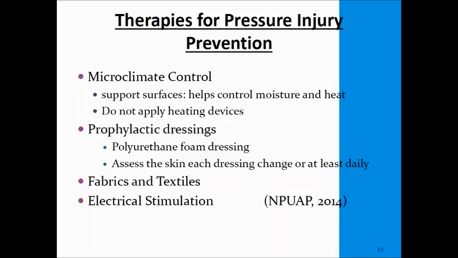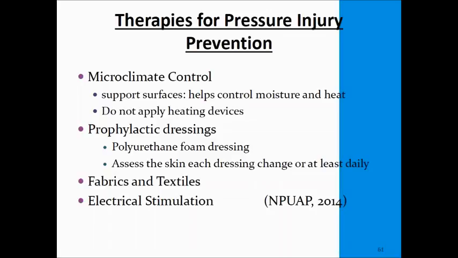Also assess the skin for signs of pressure injury formation at each dressing change or at least daily. You want to remove the dressing and look underneath to assess. A lot of these polyurethane foam dressings have a silicone border that you can lift up and look underneath and then replace without tearing the skin.